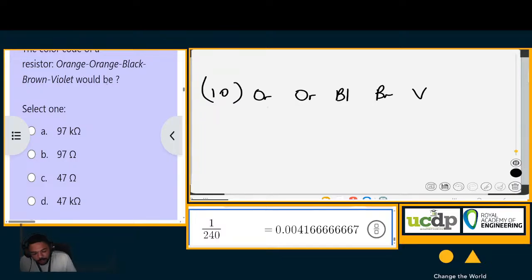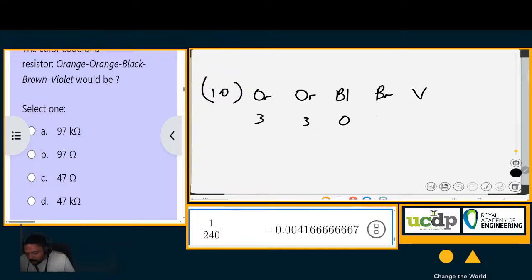If the first band is orange, it's 3. The second band is also 3. The third band is black, 0, based on the color chart. The fourth band is the multiplier, so brown.